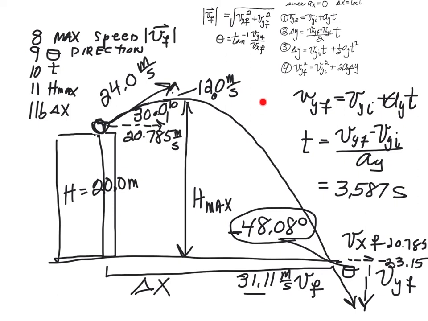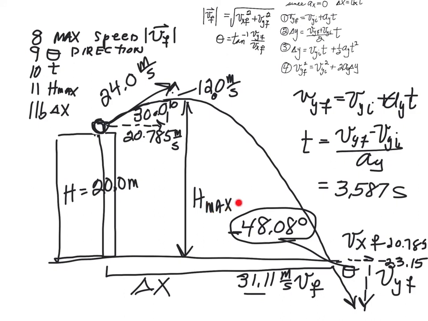If it starts at 12, after 1 second, you subtract 9.8. So this is about 1.2 seconds going up. It's going to be about 1.2 seconds getting back to here. So we're at 2.4 seconds just to get back to this height. And then we have the rest of the time. And so this answer of 3.587 seconds seems quite reasonable.